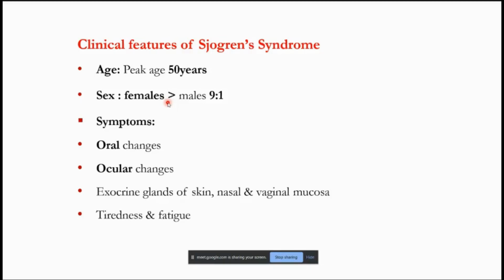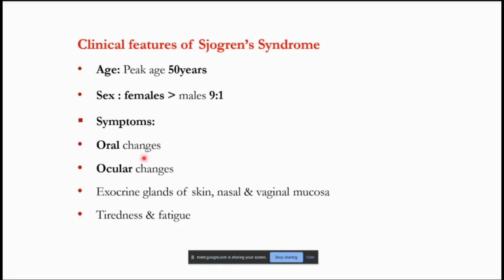So what are the symptoms of Sjögren syndrome? We have oral changes, one of which we've already discussed, that is the dry mouth, and ocular changes, that is the dry eye. We will discuss these two in detail.